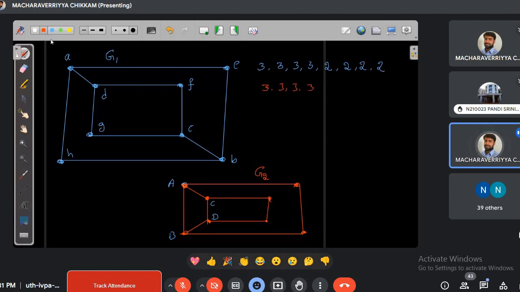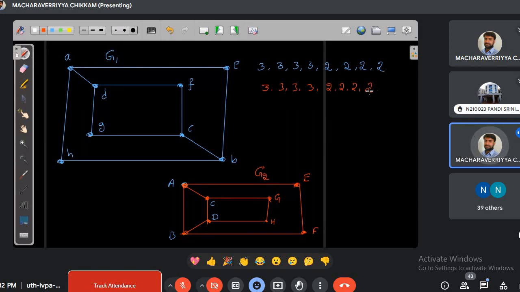Okay. So when it comes to the others, E, F, G, H, they each have degree 2. So both sequences are the same here. Alright. So the number of vertices are the same, the number of edges are the same, and the degrees of vertices are equal, degree sequences are equal.